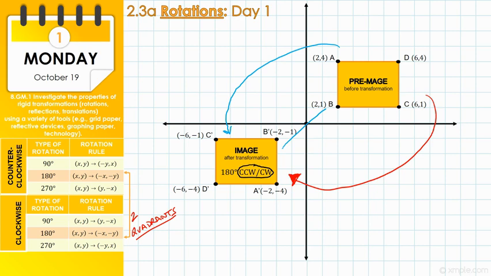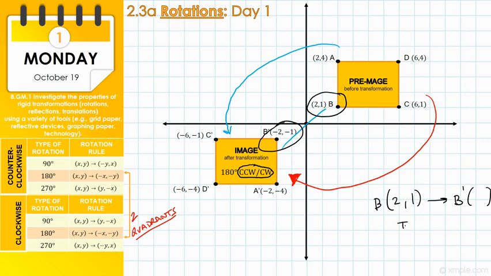When we rotate 180 degrees, our coordinates simply become the opposite. So if I start in quadrant 1 and I go to quadrant 3, and if we map, in this instance, coordinate B to B prime, I start with B as 2, 1.